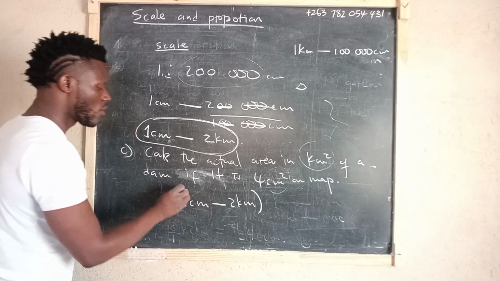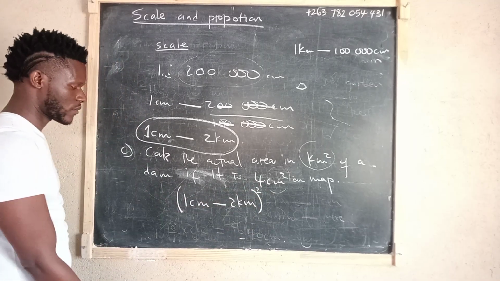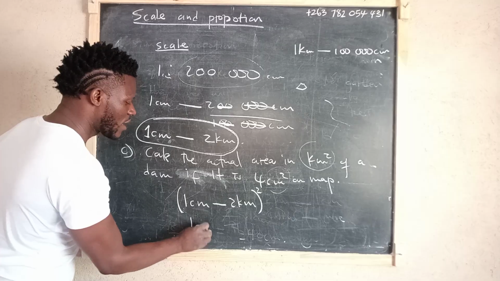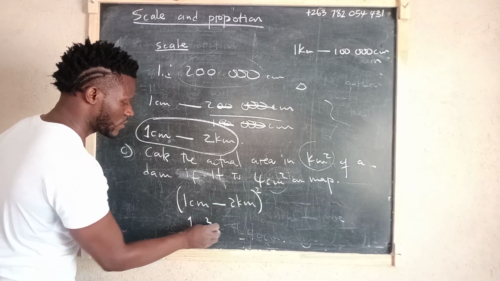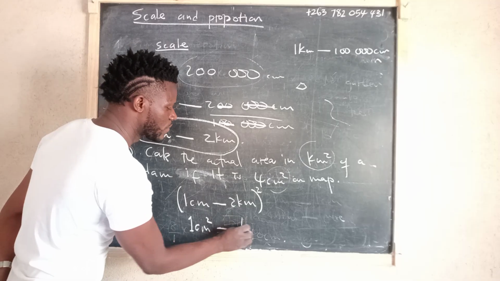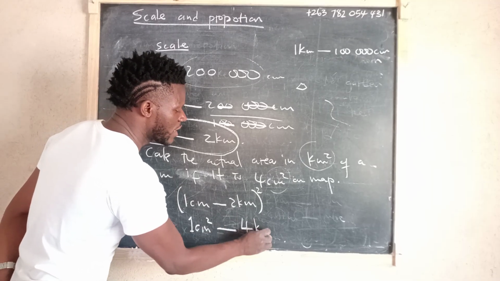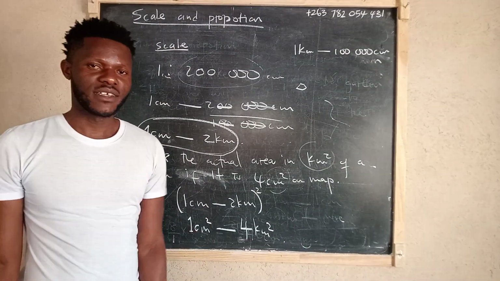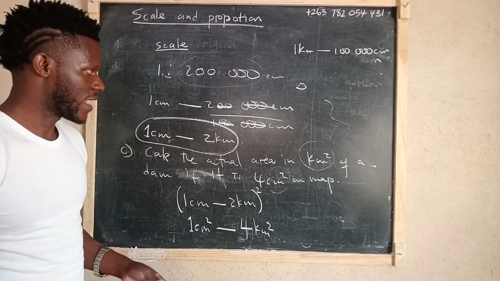But now on top, you give power 2. That is 1 times 1 will remain 1, but it's now square centimeters. 2 times 2 will get you 4, and it's now square kilometers. So this is the scale that we will be using for converting the areas.